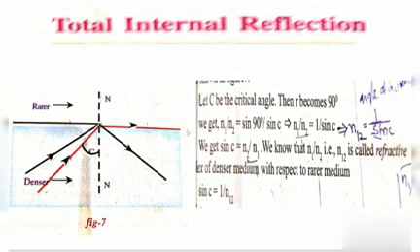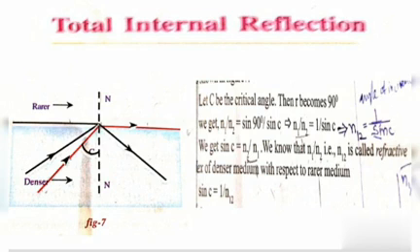Start with angle of incidence I equal to 0 degrees along the normal and look for the refracted ray on the other side of the disc. This means we should now send the laser light from the denser medium, from the curved side of the semicircular glass disc, along the normal.